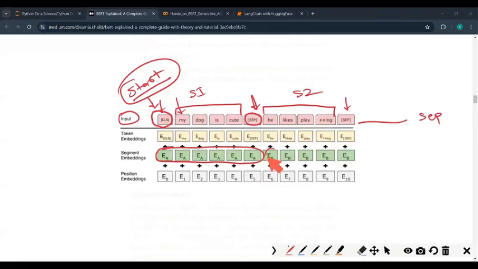Then you see from here it is EB. EB means from here to here it is another statement. And then if there is another statement after that, it will be writing EC, EC, EC like that to represent the next statement.